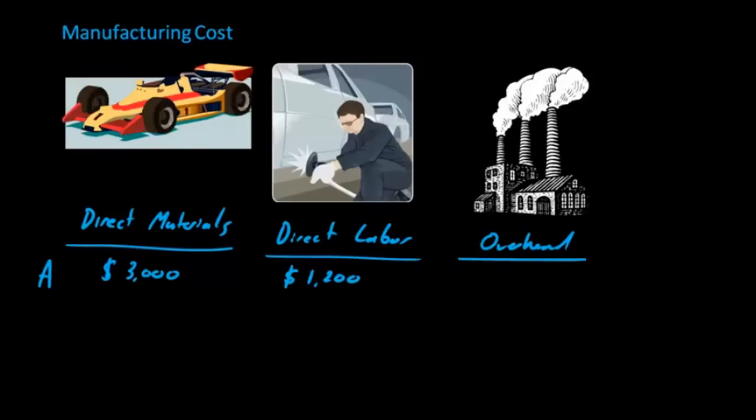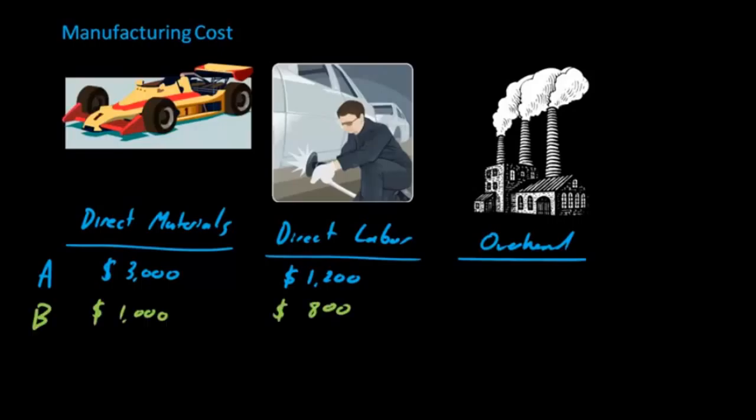And let's say that for direct materials, car A uses 3,000 in direct materials, and car A also uses 1,200 in direct labor. And now we know exactly how much direct materials and direct labor were tied to car A, because remember, direct materials are directly traceable to the car. So it's really simple to figure out how much direct materials and direct labor we've used.